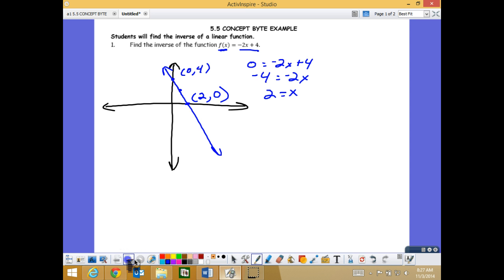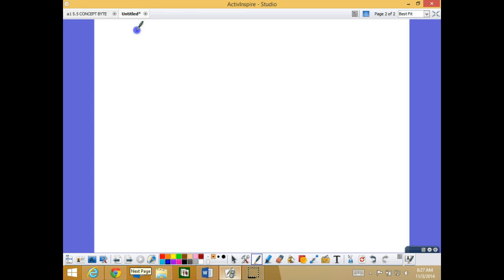So to find the inverse of this function, we are starting with f of x equals negative 2x plus 4. Some of you are really comfortable working with f of x, so the first step is we're just going to change that to y. y equals negative 2x plus 4.